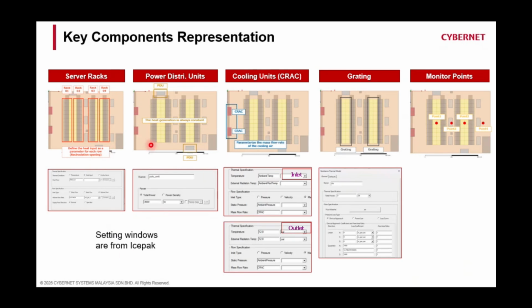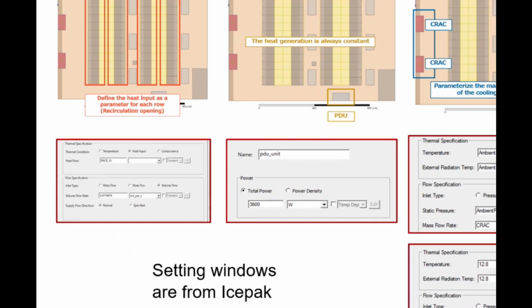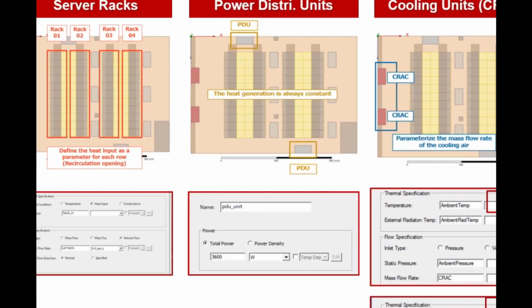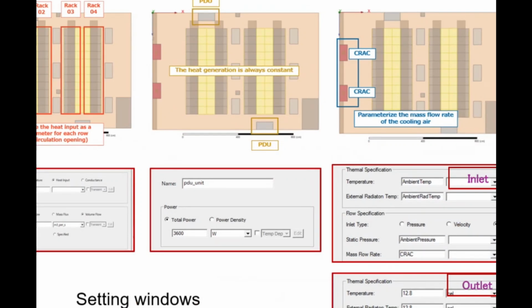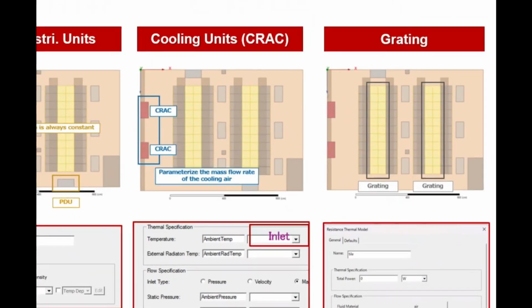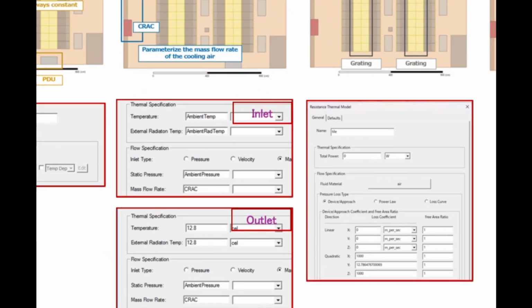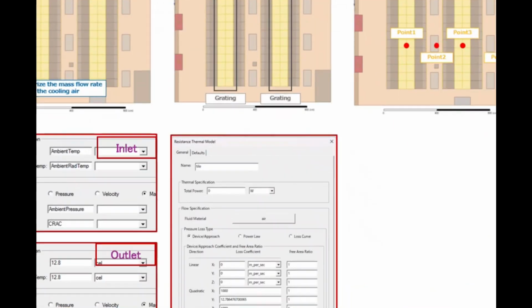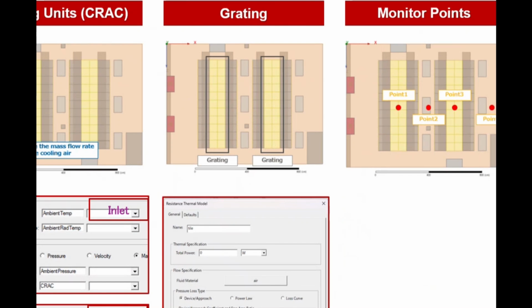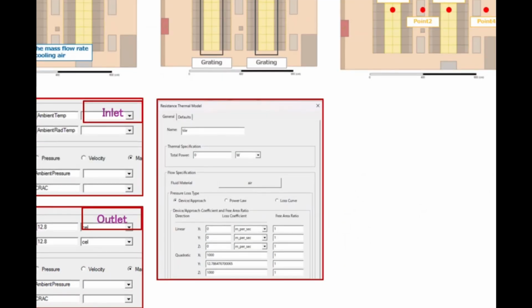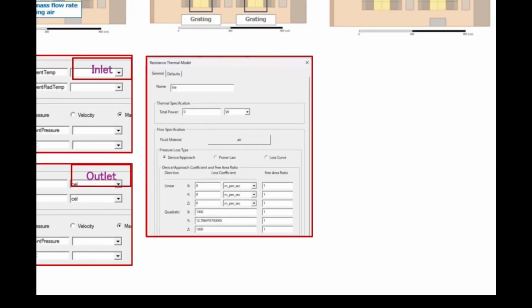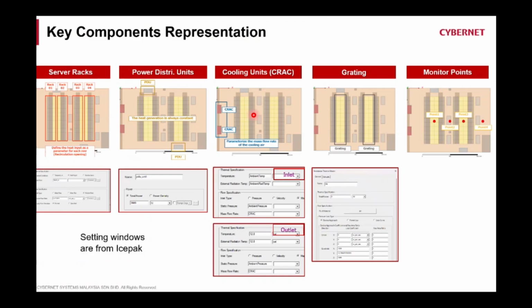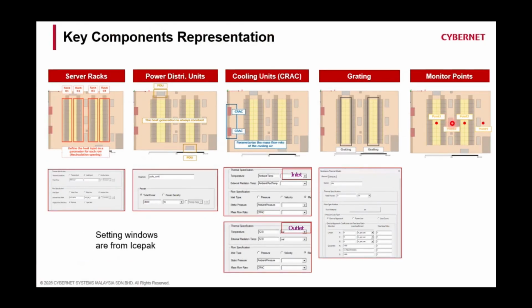This is again from Icepak. Typically you set your data center: what is the heat, what is the power distribution, what is the total power, and then of course your CRAC, what is the flow rate and the temperature, inlet, outlet, and all those things. And the grating, you can imagine there's going to be some resistance as the flow goes through it, so you can set the resistance model as well. And lastly, there could be some points which are essential for you to monitor.